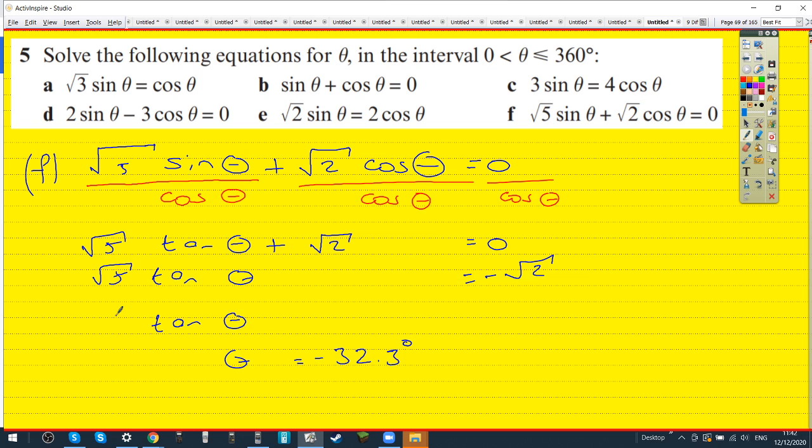And so you'd add 180, which is 147.7. And then could you add 180 again? Yeah, which gives you 327.7. Well done. Great. So if you have a mixture of sine and cos, divide by cos. I think you're good there.